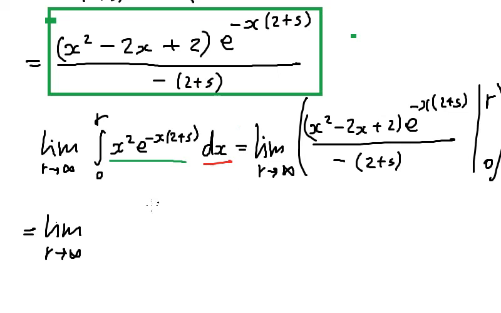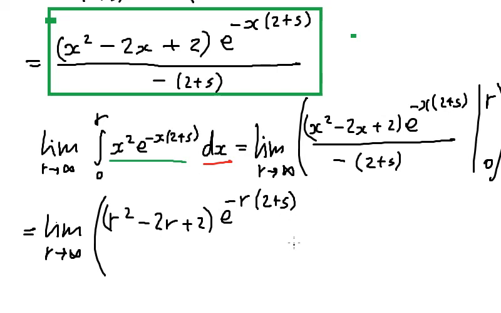And then, putting r in the place of x, we're going to get r squared minus 2r plus 2 times e to the power minus r times 2 plus s divided by minus 2 plus s.